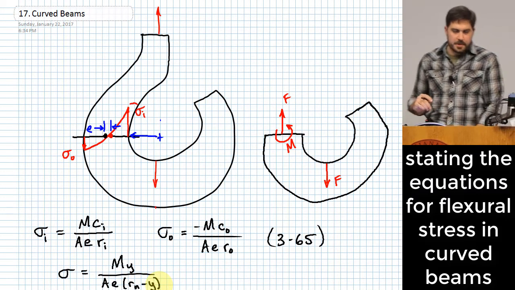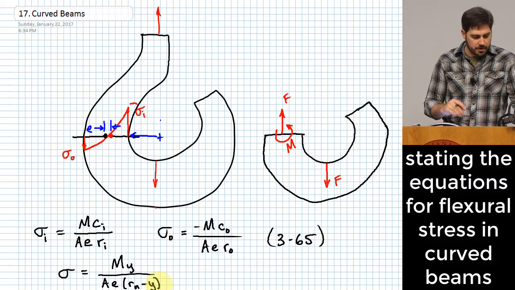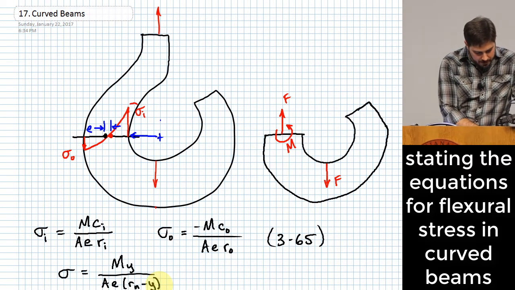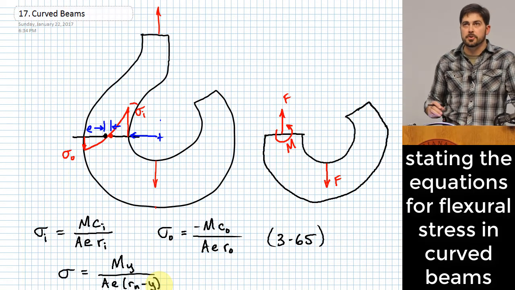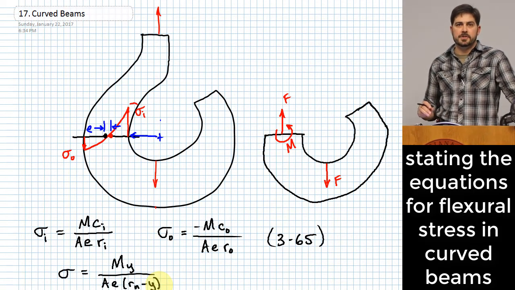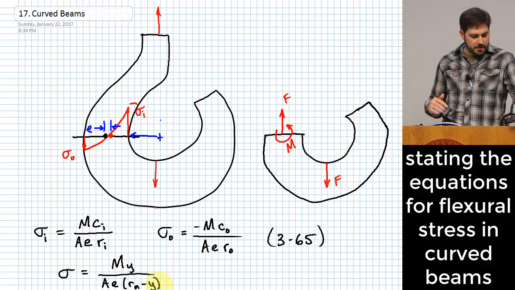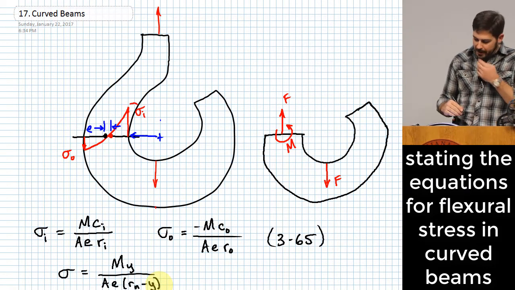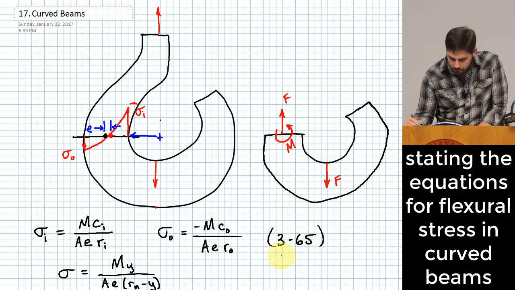Okay, and if you want to know what y is, you can look at the figure that's over on page 132, and it shows you that y is a distance that is measured relative to the neutral axis. Okay, so it works the same way as regular beams. We're measuring those values relative to the neutral axis. Okay, and this is equation 364.